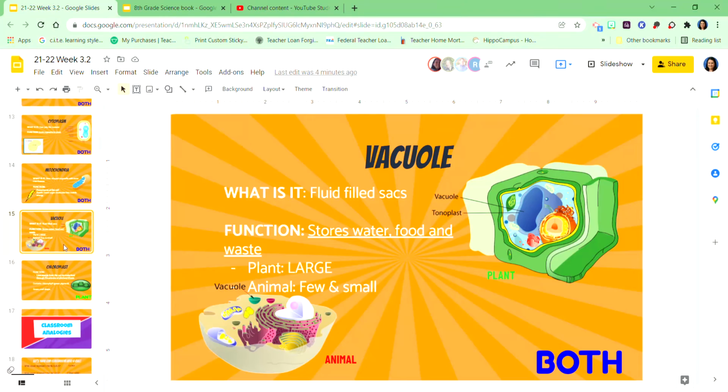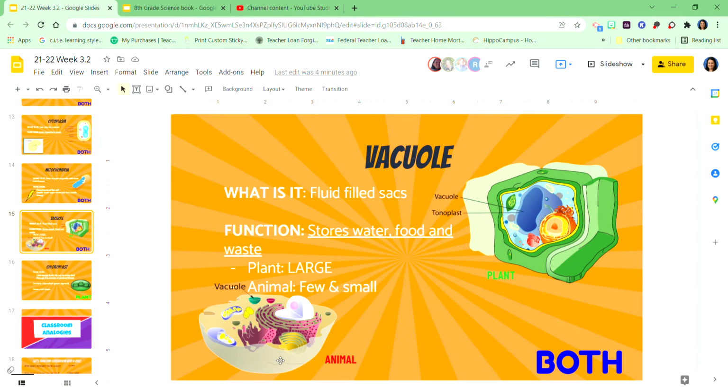All right, so vacuoles are found in both plant and animal cells. They're fluid-filled sacs, and the vacuole's job is to store water, food, and waste. The only difference between the plant and animal cell is that in plant cells, the vacuoles are very large. And in animal cells, they're a lot smaller, and there's a few more of them.